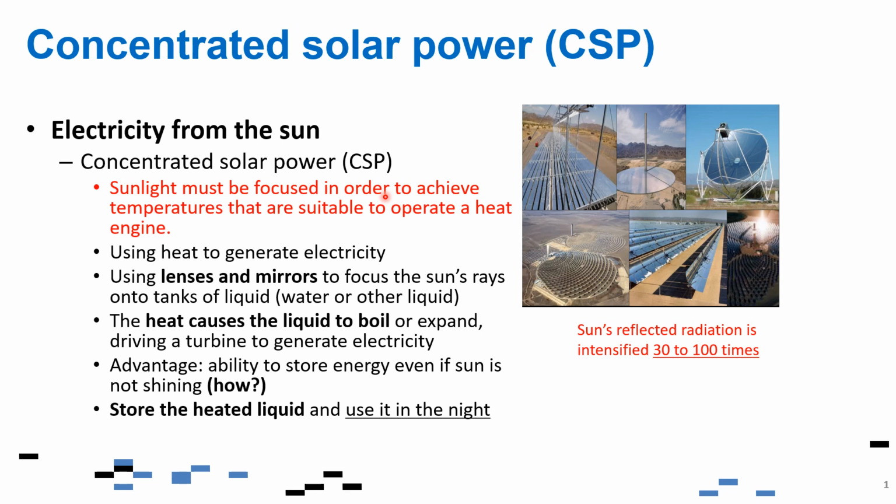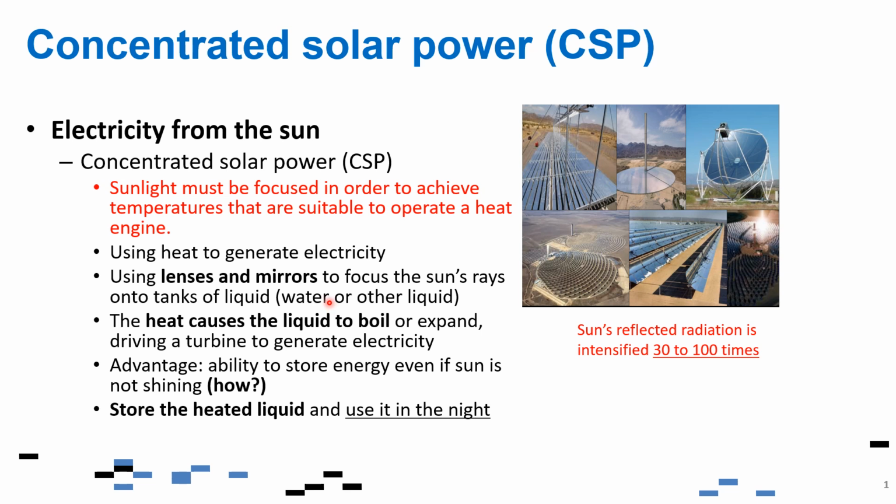This could be various types of fluid, like oil, that can absorb the heat, and then this heat is used to create steam. This steam is then used to drive a turbine to produce electrical power, just like in a conventional fossil fuel power plant. So we make heat, the heat produces steam, and then it drives a turbine.